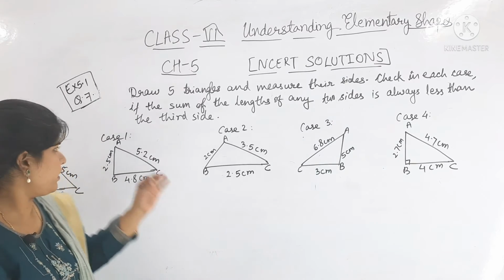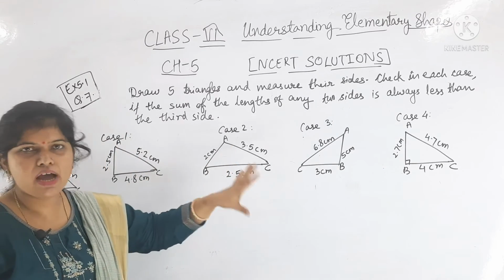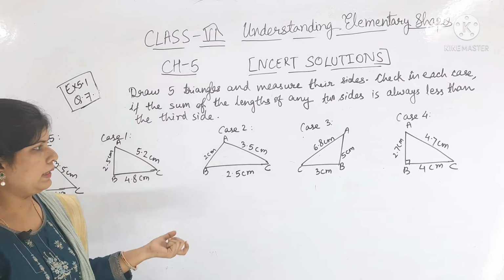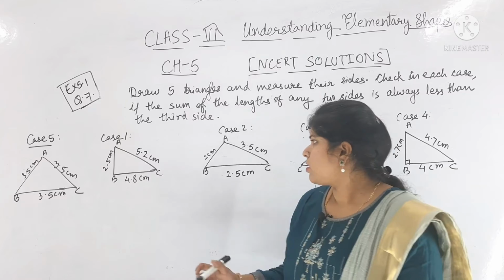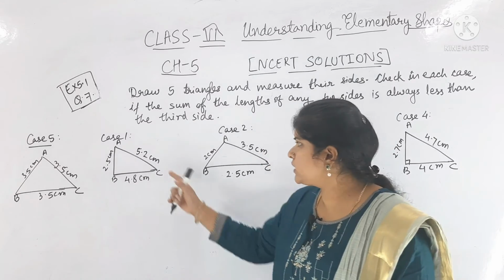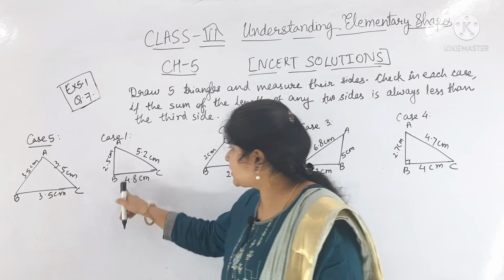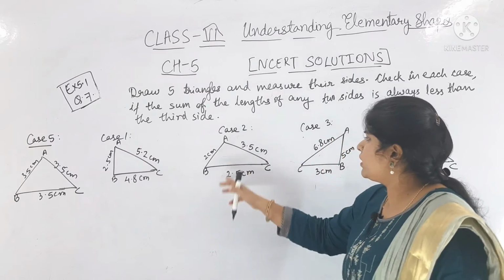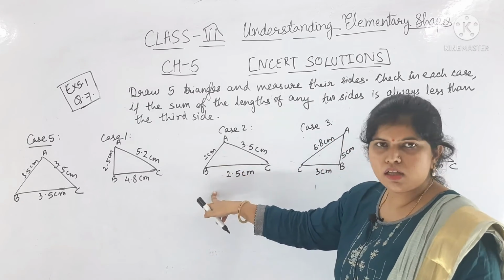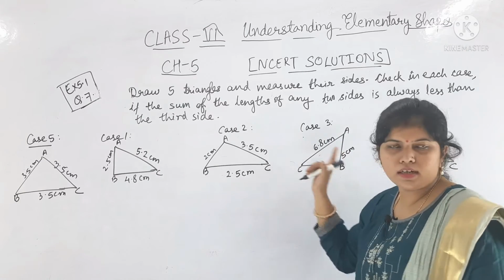Okay students, I had done the different cases, 5 different cases I had taken. You can take any triangle. So here all types of triangle I had taken. Case 1 is the scalene triangle based on the sides, that is different sides. Number 2 is the acute angle triangle, and the next is the obtuse triangle.